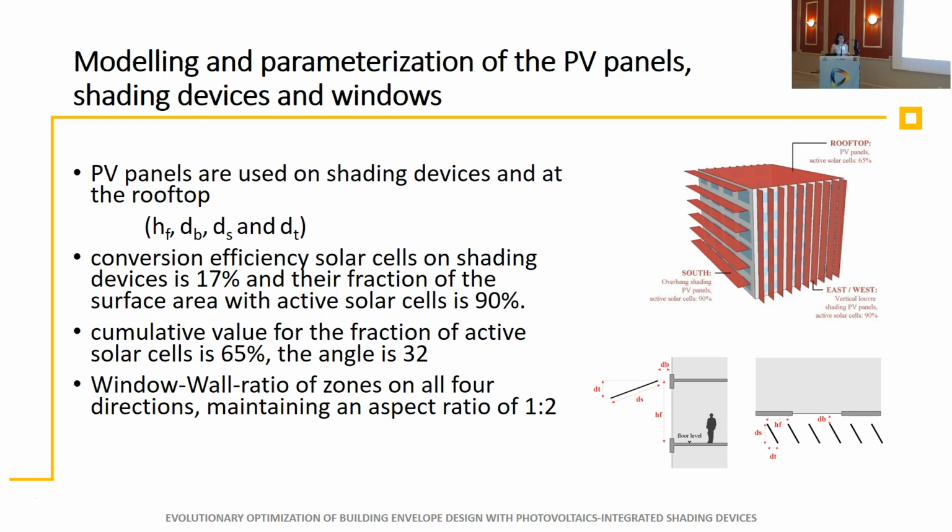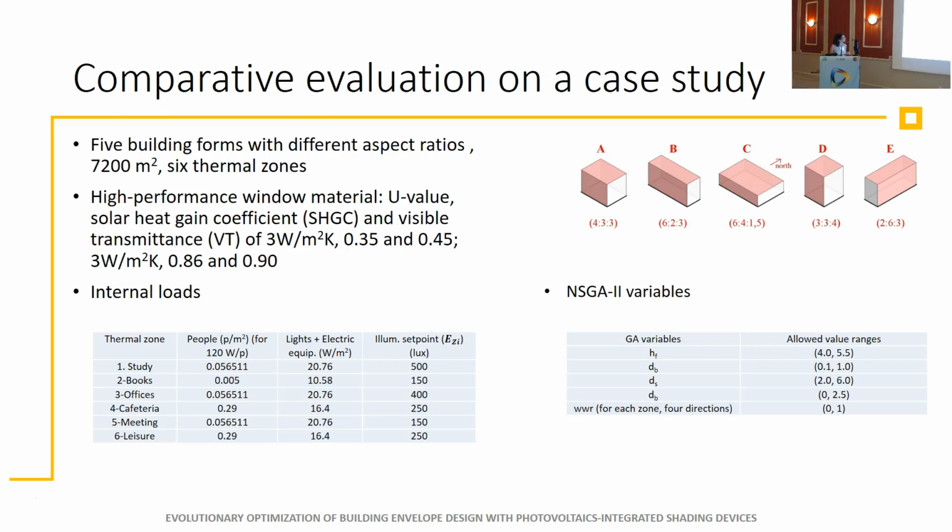The window wall ratios of zones in all 4 directions are also part of the chromosome, and they maintain an aspect ratio of 1:2. After we develop the optimization algorithm, we comparatively evaluate the results on a case study.